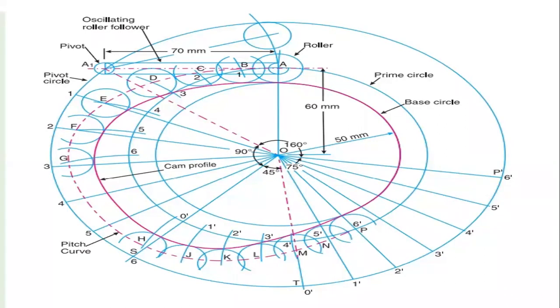So we have to draw the roller from that, because this is an oscillatory motion.